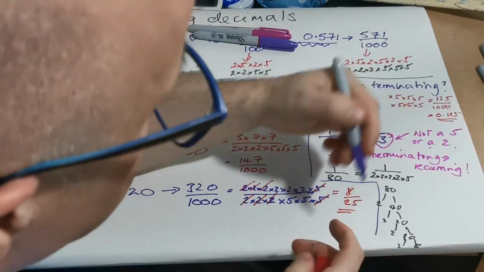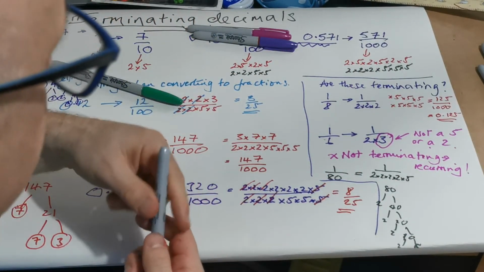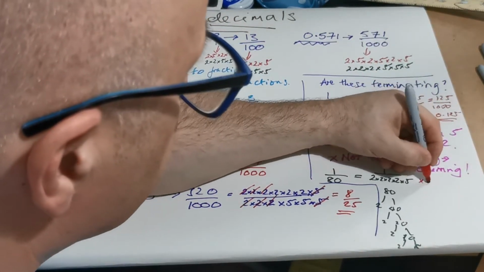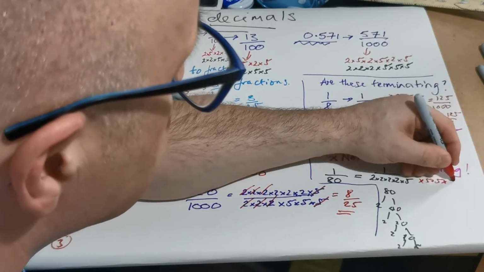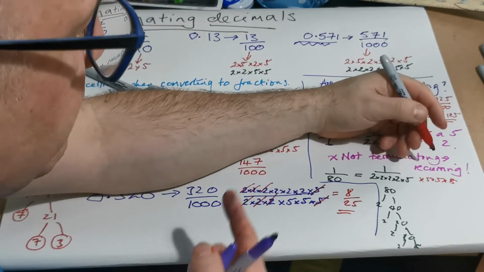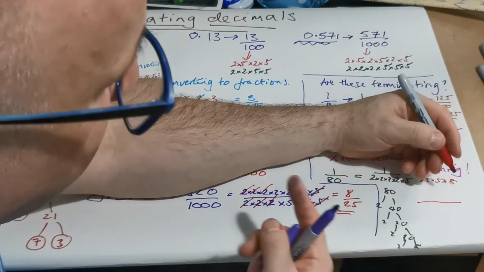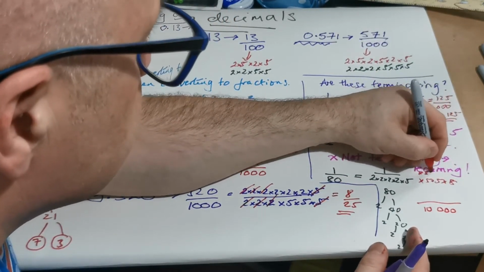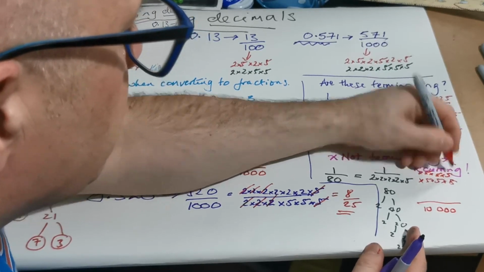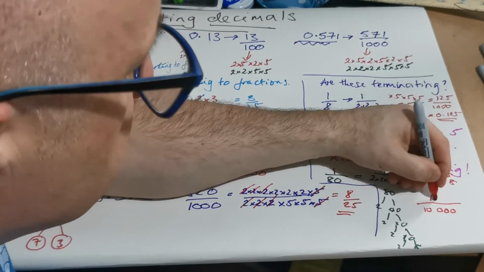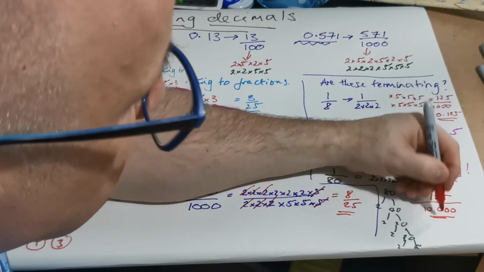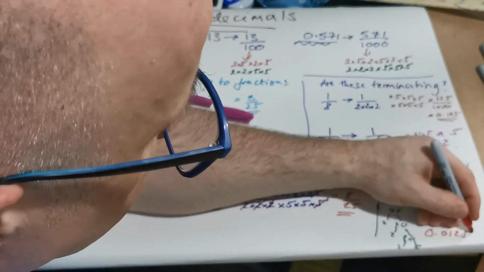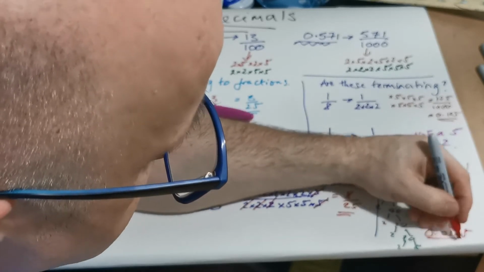So I've got 4 2's, so I need a total of 4 5's. So I'd have to say times 5 times 5 times 5, which would give me 4 2's and 4 5's, which gives me 4 10's times together, which is 10,000. But I'd have to times by 3 5's times together on the top, so it's 125 over 10,000, which as a decimal would be 0.0125. 4 zeros, 4 decimal places.